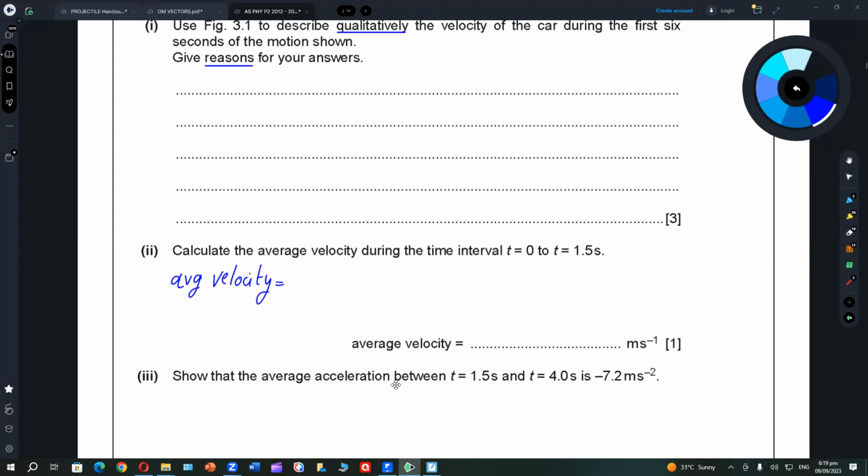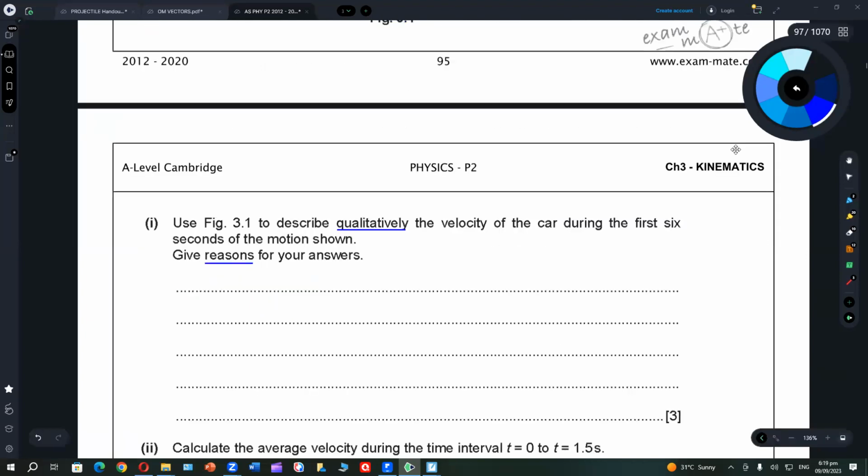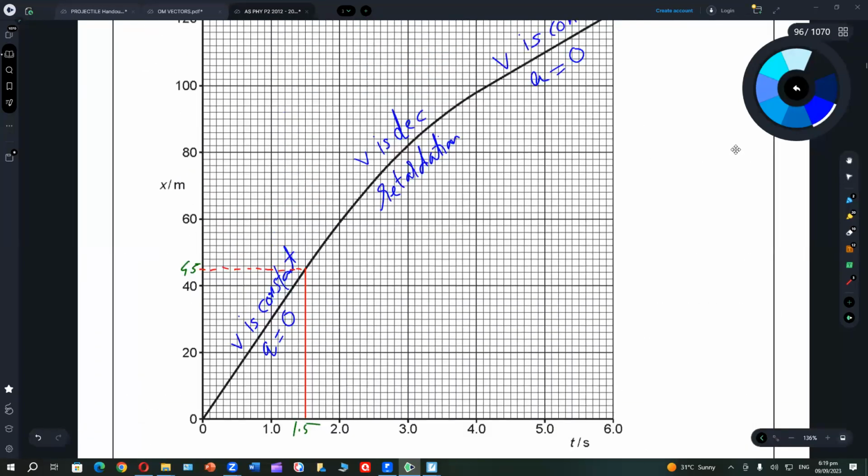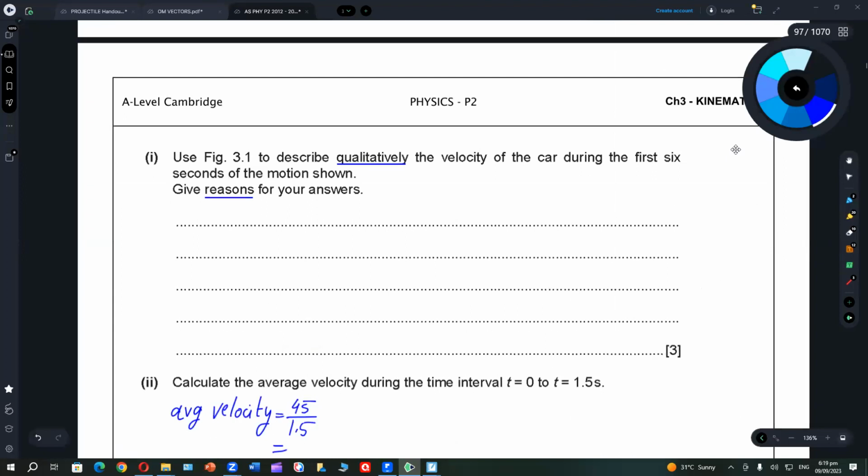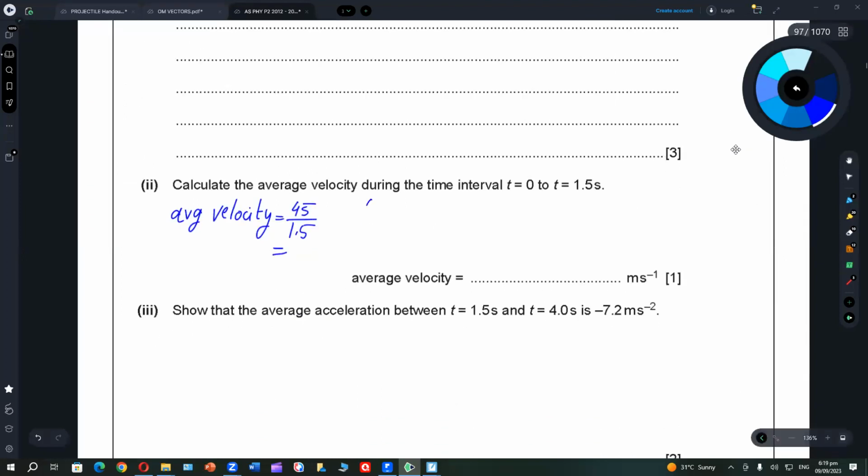The time is 1.5. First numbers are 0, so I'm not reading it. It's 45 upon 1.5. I'm taking 45 as the distance from the screen, and I'm using the old formula of our O-level. Average velocity is equal to displacement upon time.